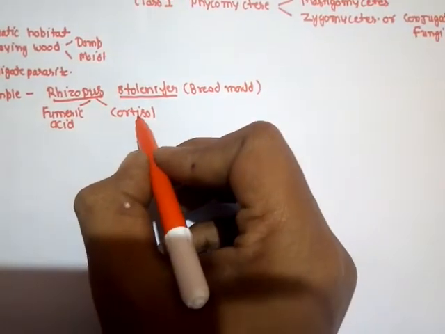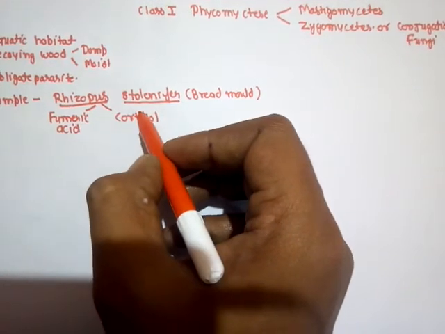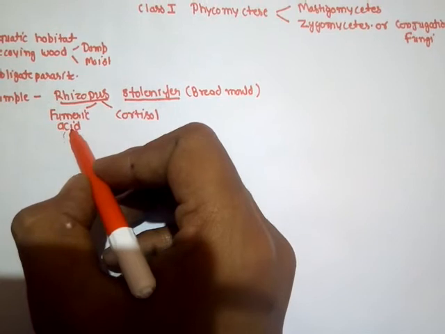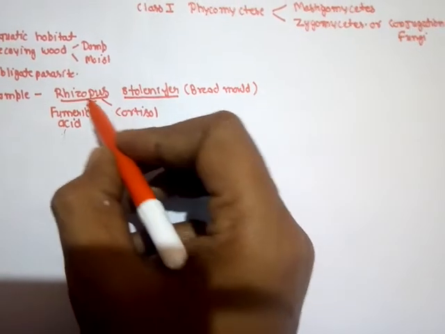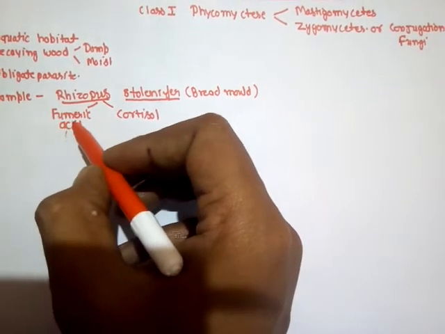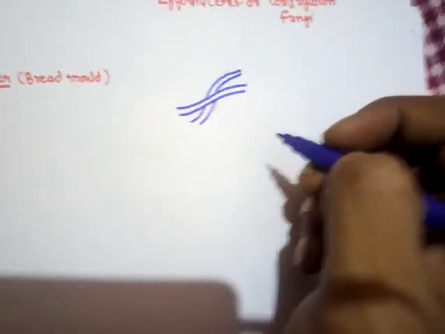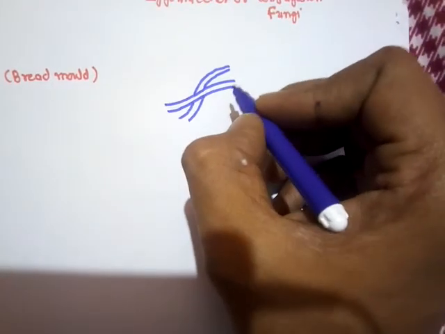This fungus is very commercially important for us because the Rhizopus stolonifer species is used for the commercial production of fumaric acid and in some steps of the commercial production of cortisol. So Rhizopus is used in all steps of the production of fumaric acid, but in some steps of the production of cortisol.